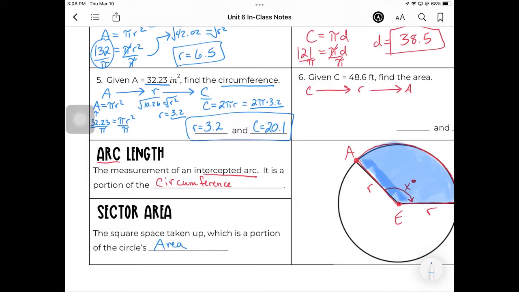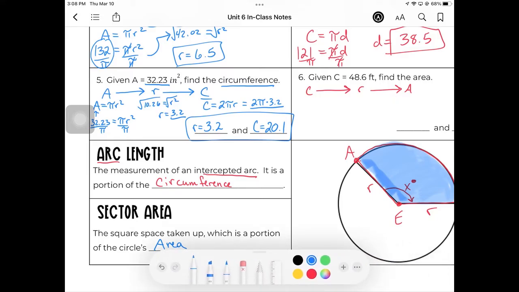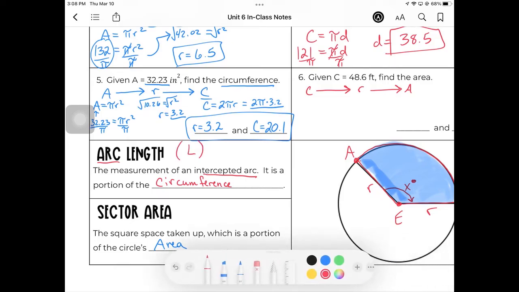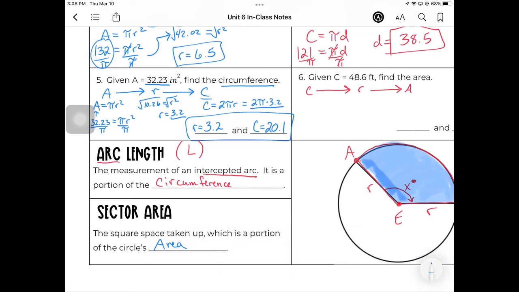And that's the amount of square space taken up in that sector. We call that a sector. Arc length is going to be represented by the variable capital L. We're going to use capital L to refer to arc length. And sector area we're going to refer to as capital S.